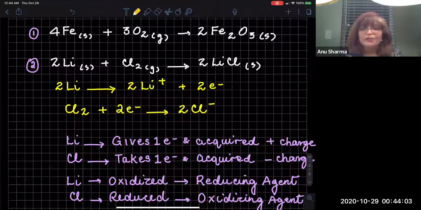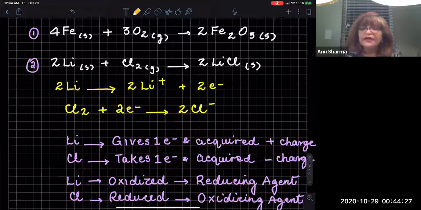This is an example where you see lithium reacting with chlorine, giving you lithium chloride. So here, lithium gives away one electron, but when you balance this, it really is two lithiums giving away two electrons. And this is going to form a positively charged lithium ion, and two of them.